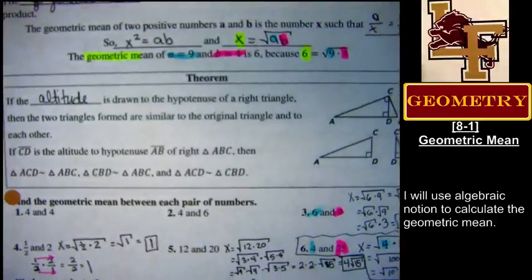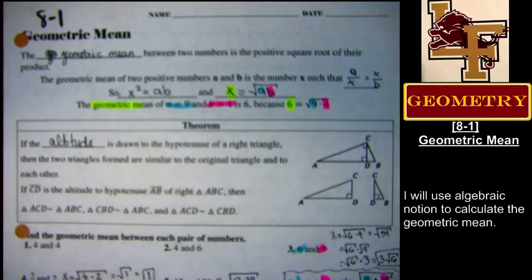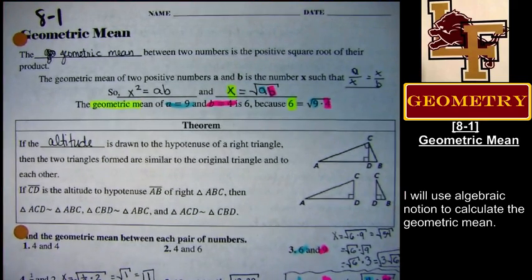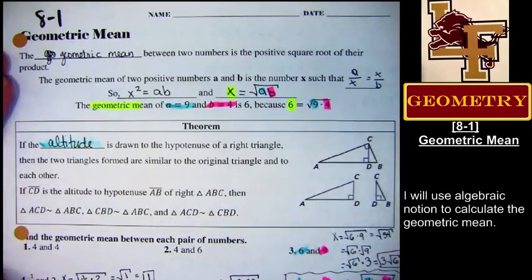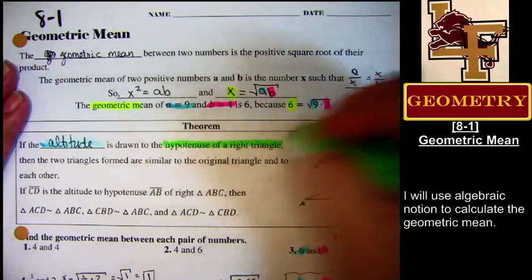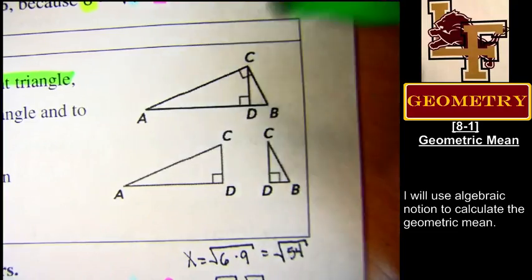I'm going to zoom back up to this theorem, because this theorem is going to set us up for the 2 shortcuts I have for you that are going to make things super, super easy. It says, if an altitude is drawn to the hypotenuse of a right triangle... Do I have a big right triangle right here?